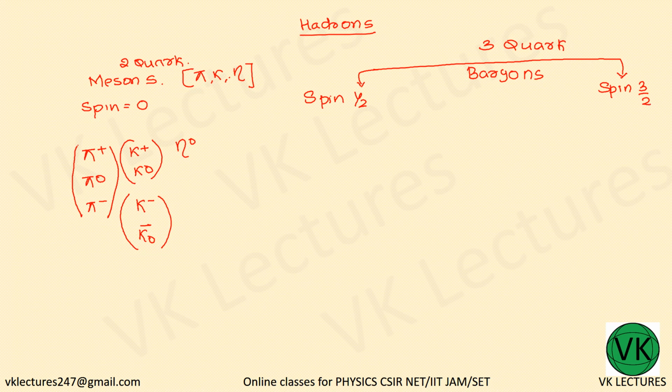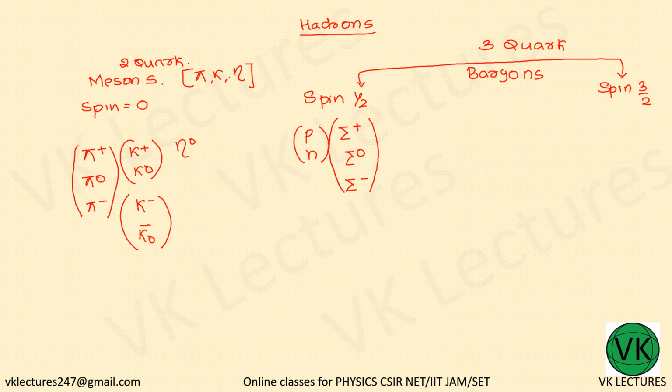Now spin half baryons are proton and neutron. So this is the group 1. Then sigma plus, sigma naught and sigma minus. This corresponds to the group 2.